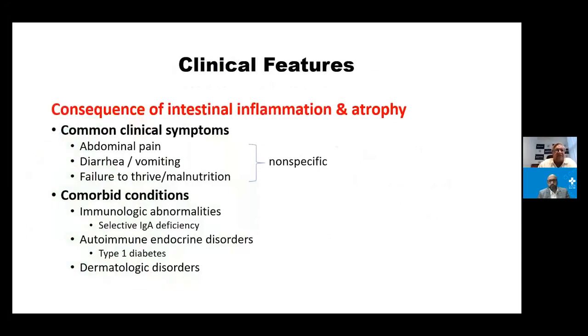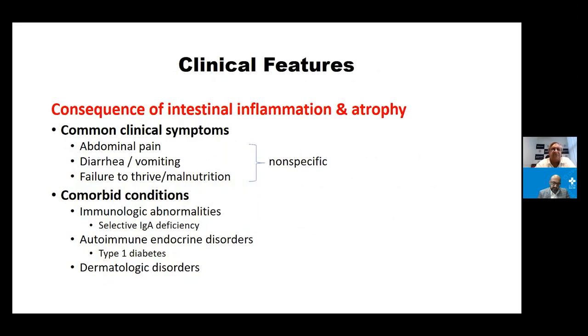The clinical features of celiac disease are consequent to intestinal inflammation and atrophy. Common clinical symptoms will be abdominal pain, diarrhea and vomiting, failure to thrive, especially in children, and malnutrition. These are all non-specific.